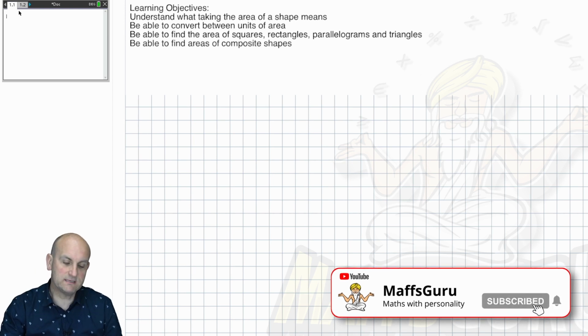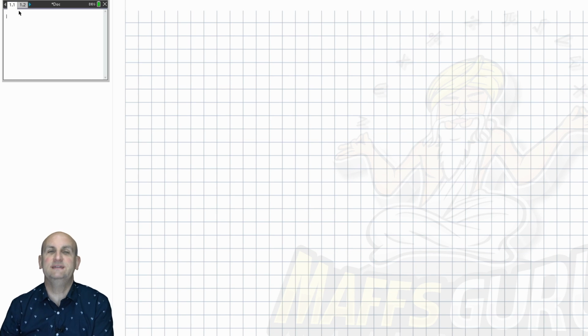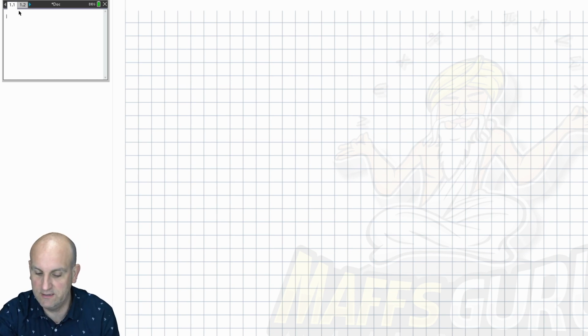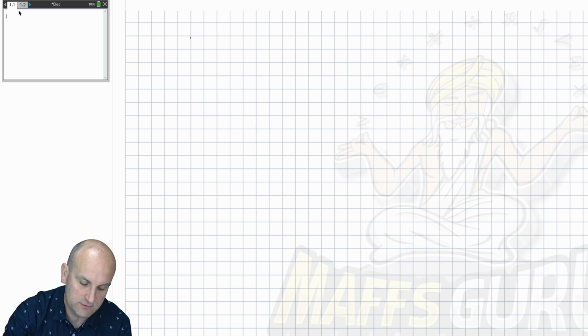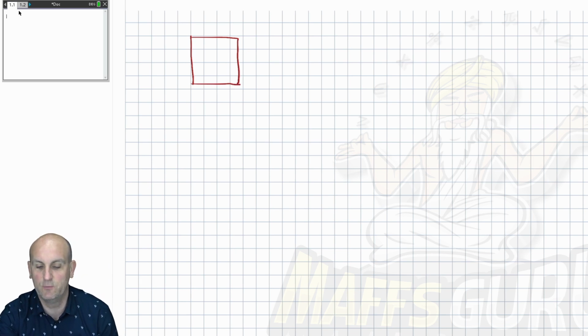Okay, so let's start with what is the area of a shape. Believe it or not, the area is what is inside. It's the space inside of a shape. If I was to draw, for example, our most wonderful of shapes here, do not call that a square at this moment in time, because we do not know it's a square. It is nothing more than a quadrilateral.